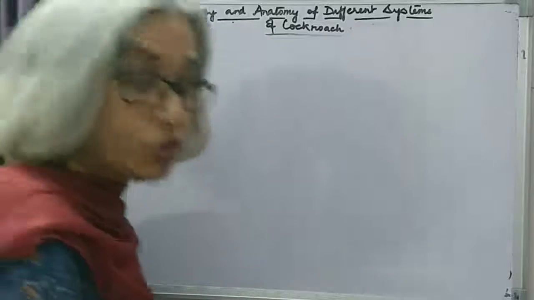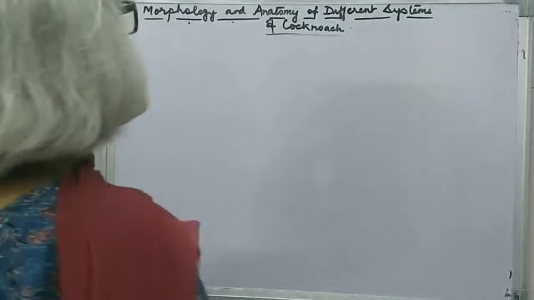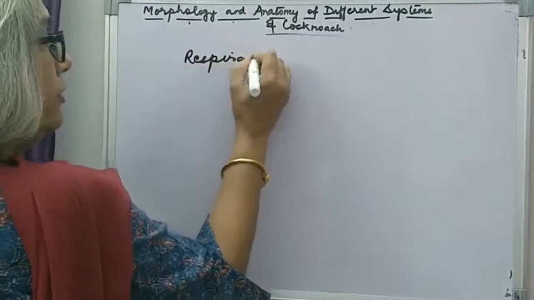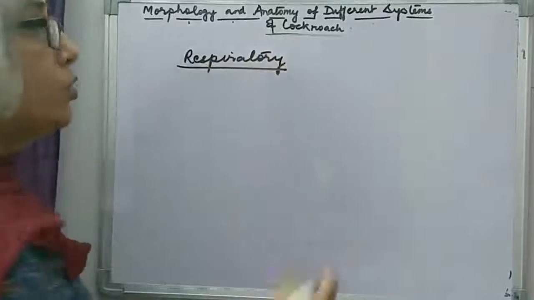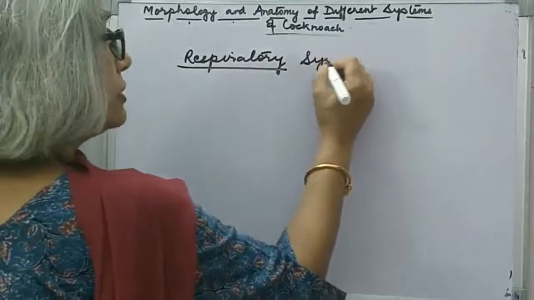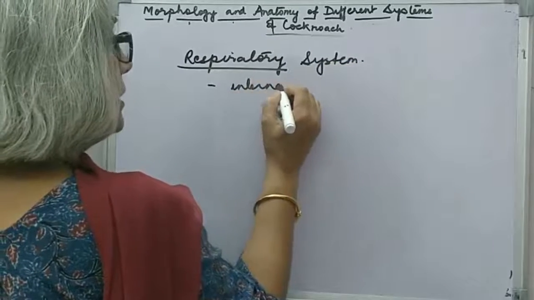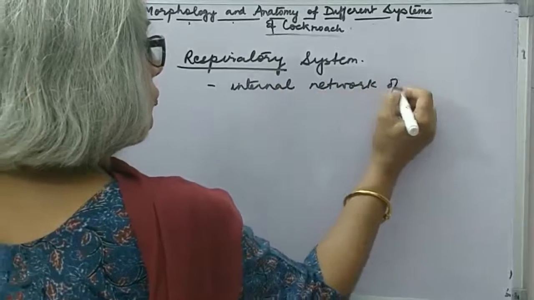The blood has no role to play in the respiratory system because direct supply of respiratory gases to the tissues is done by the network of tubules. Respiratory system is an internal network of trachea.